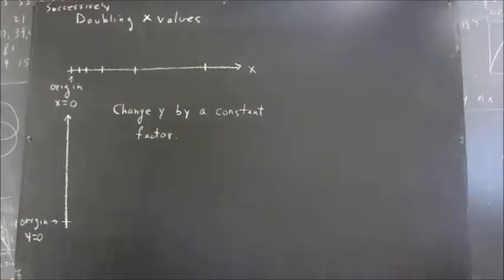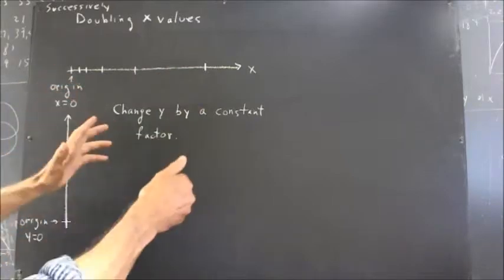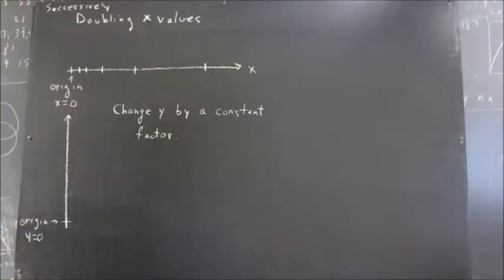Okay, now we want to change y by a constant factor. And let's look back at what we did with x. We doubled x every time. And of course the x values got further and further apart. We changed x each time by a factor of 2. Or each new x value is 200% of the old.